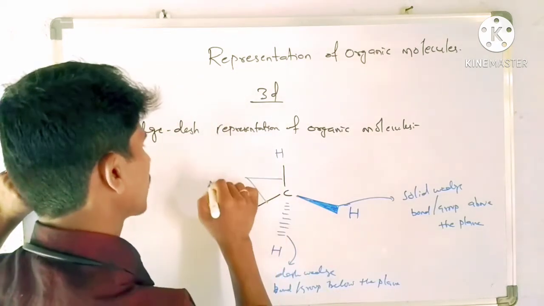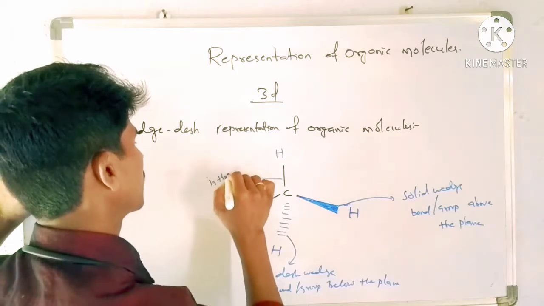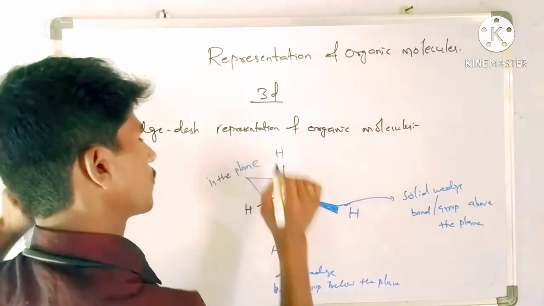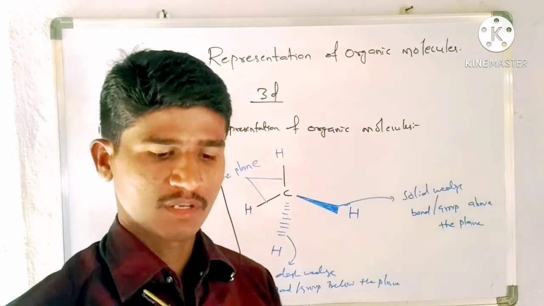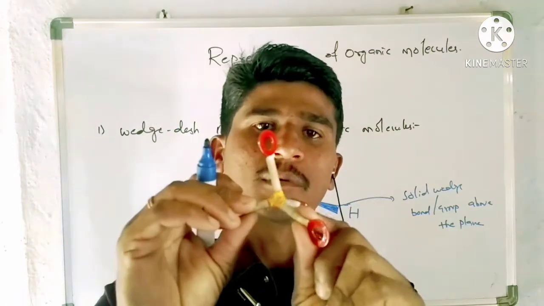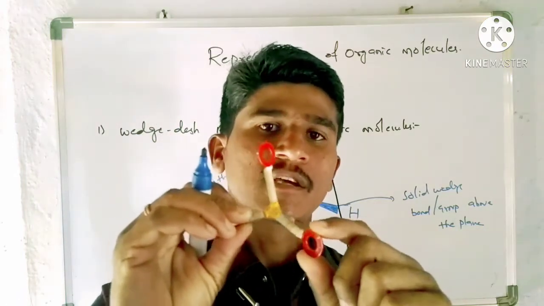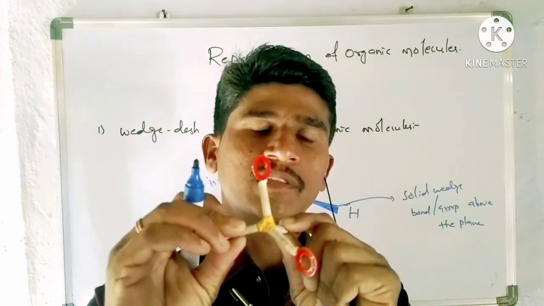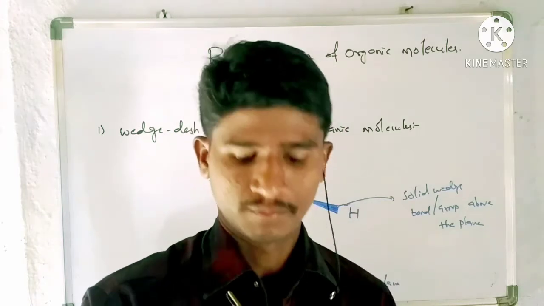These two are in the plane. This is three-dimensional. So here these two are in the plane, this is above the plane, and this is below the plane. Above the plane is represented with a solid wedge, below the plane with a dash wedge.